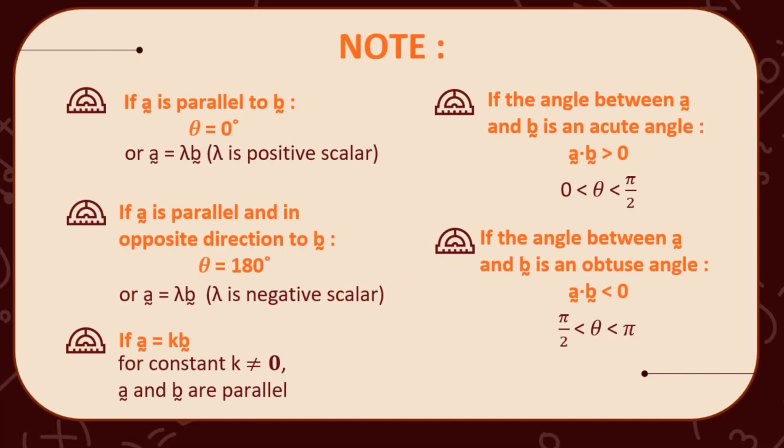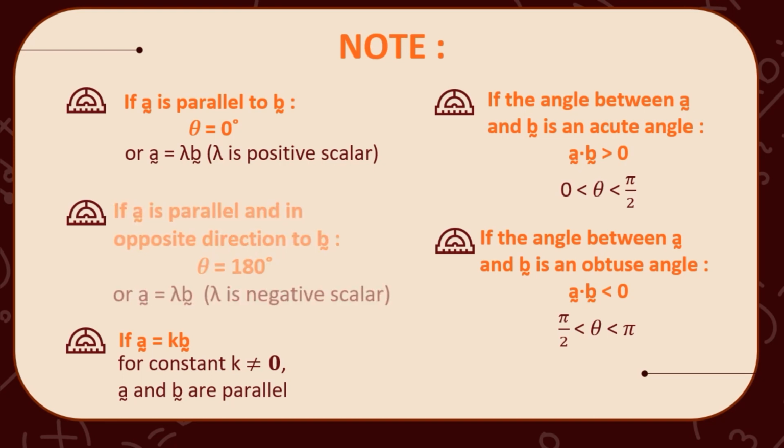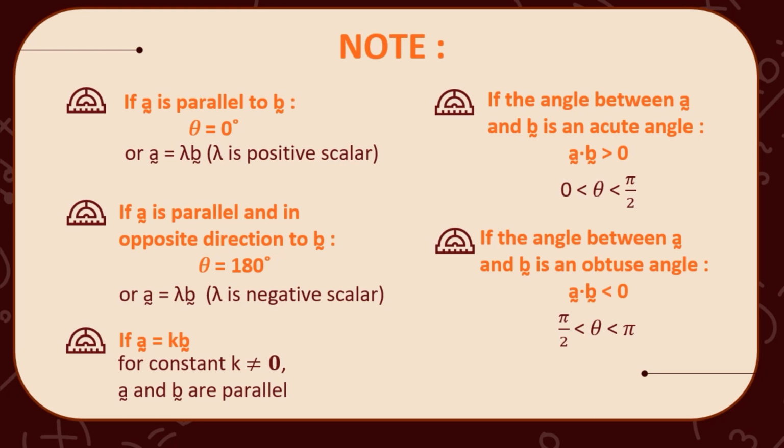Next, these are some important things that we need to know. First, as you can see here, vector A is parallel to vector B and the direction is the same. Thus, theta is equal to 0, or vector A is equal to lambda vector B where lambda is a positive scalar. The second one, if vector A is parallel and in the opposite direction to vector B, then theta is equal to 180, or vector A is equal to lambda vector B, where lambda is a negative scalar.